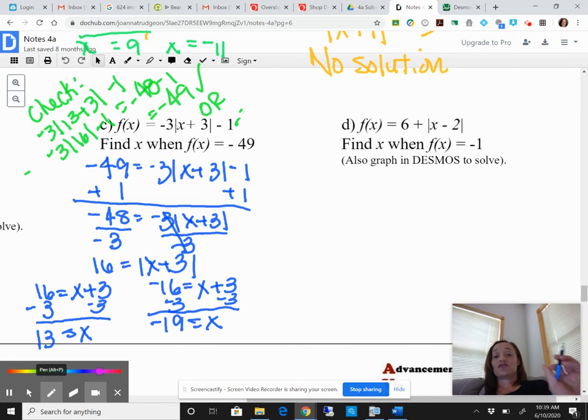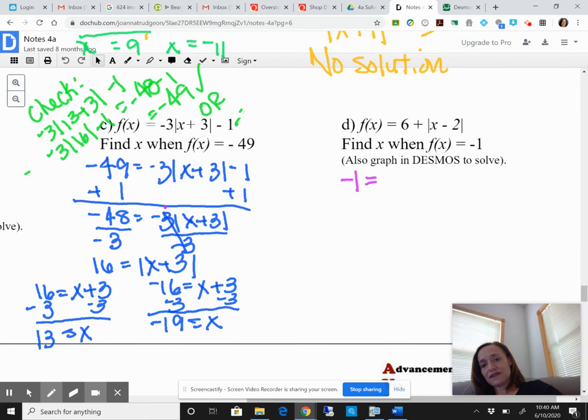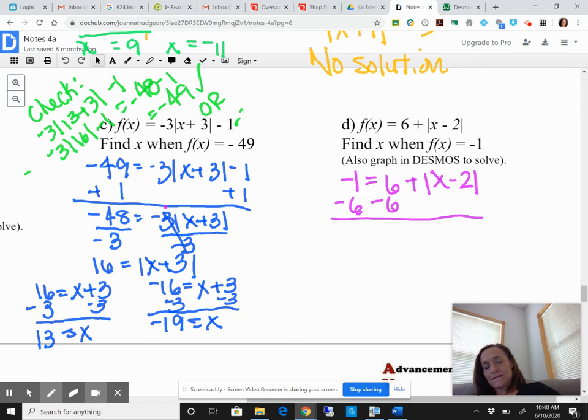Okay, so here we have this function, f of x equals 6 plus the absolute value of x minus 2. Find x when f of x is negative 1. So when f of x is negative 1, I have this. I'm blaming the stylus on the fact that those x's look like that. I subtract 6. I get negative 7 equals absolute value of x minus 2.